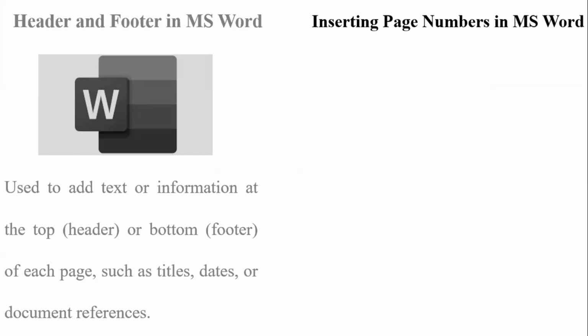Inserting page numbers in MS Word. We know page numbers are very important in professional documents. Imagine printing a 20-page report and the pages get scattered. Without the page numbers, it is impossible to arrange them correctly. In assignments, page numbers are usually at the bottom right.